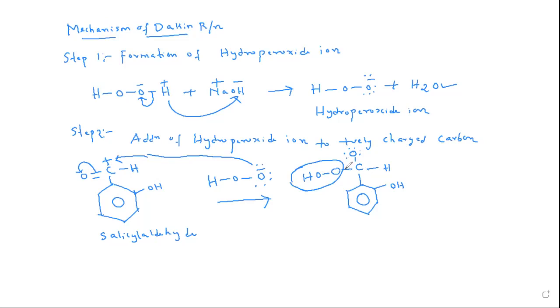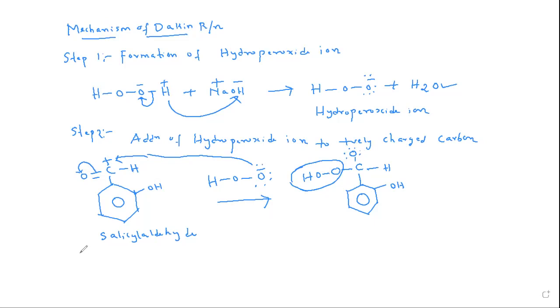This is a new sigma bond which is formed between carbon and the hydroperoxide ion. Okay, and this oxygen is having 3 lone pair of electrons now. Why? Because as pi bond is shifted towards oxygen, originally oxygen will have only 2 lone pair of electrons. But when you shift this pi bond, oxygen will get 3 lone pair of electrons. Okay, so this is your step number 2.